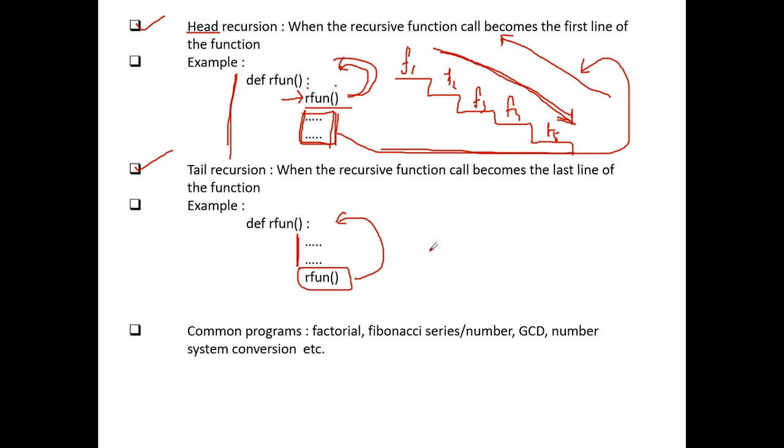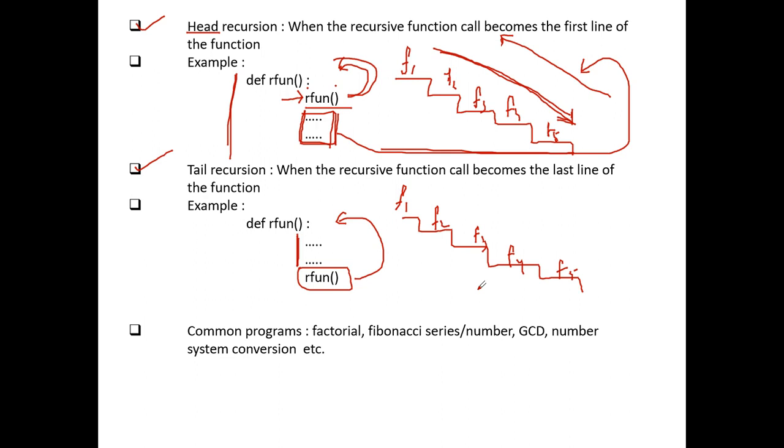Now think of the same thing as f1, f2, f3, f4 and f5. These are all instances of the same function. For the first time when you call the function, that is f1.